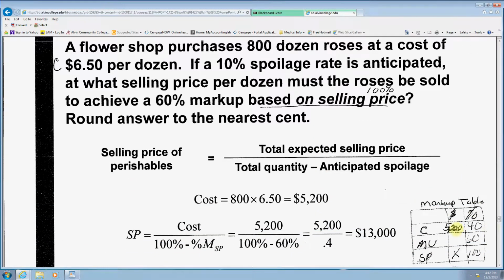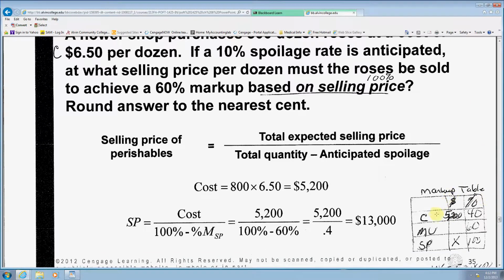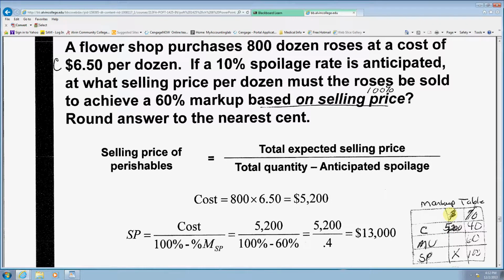We can use our markup table. We know what our cost was. It's 800 times the $6.50 per dozen, so it's 5,200. And we also know that we're looking for our selling price, which is our unknown, and it's based at 100%, and we want a markup of 60%.